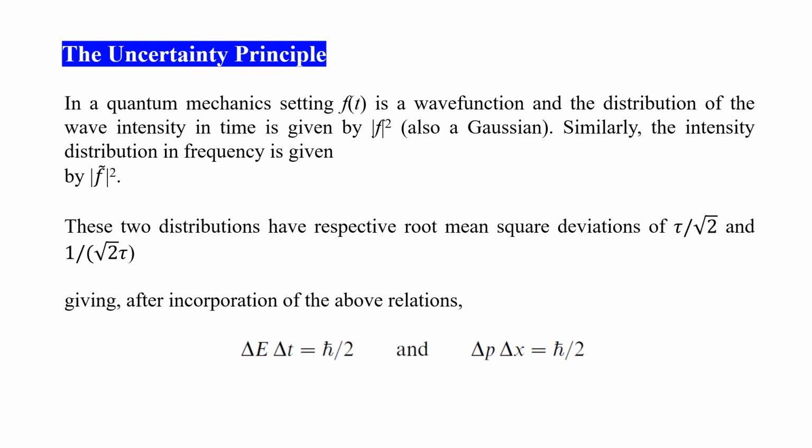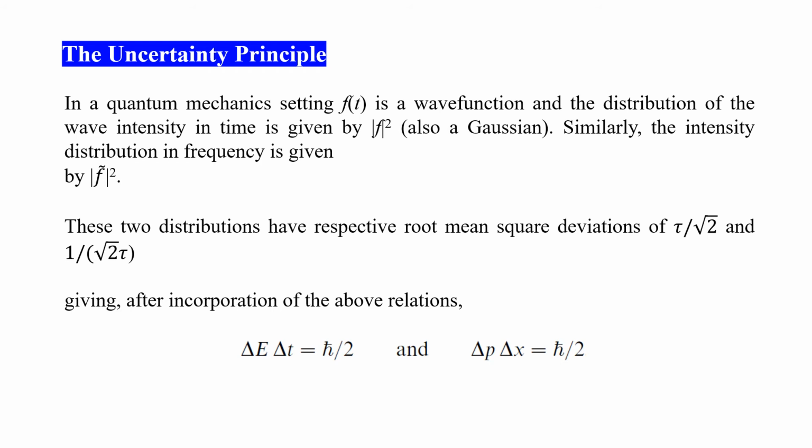In a quantum mechanics setting, f of t is a wave function and the distribution of the wave intensity in time is given by your modulus squared of f, which is also a Gaussian. Similarly, the intensity distribution in frequency is given by the modulus squared of your Fourier transform.